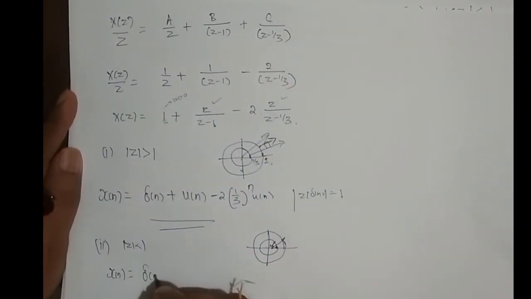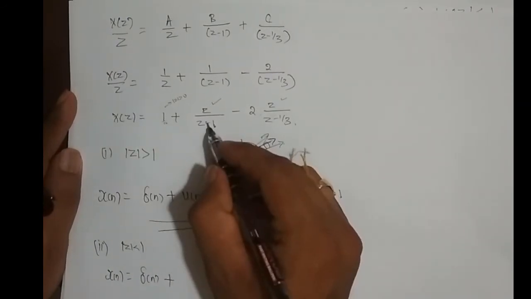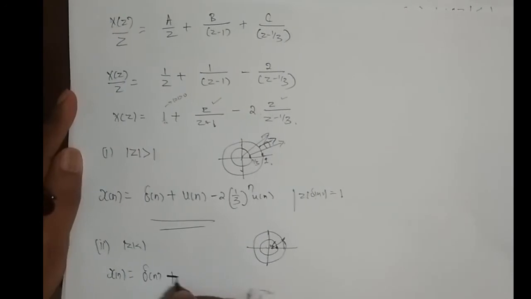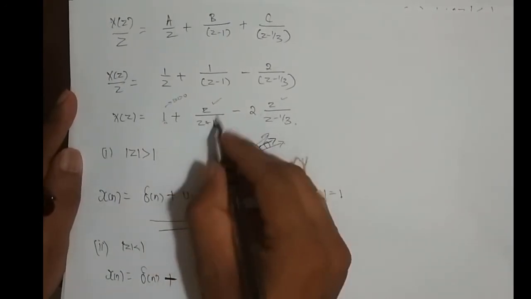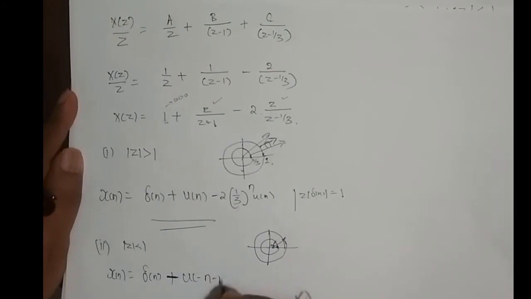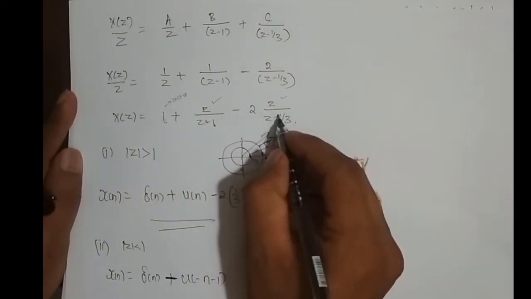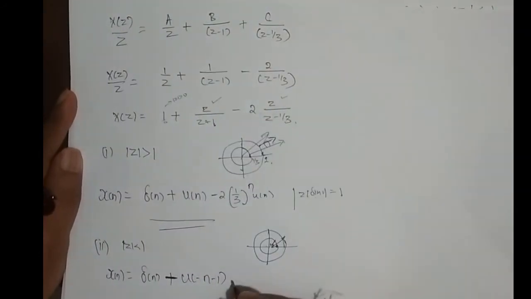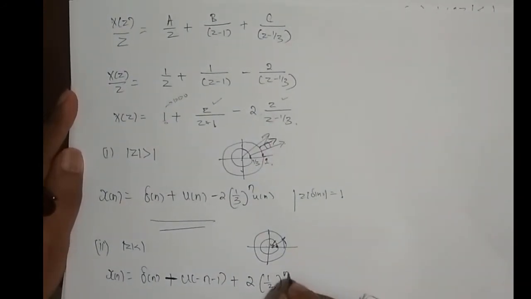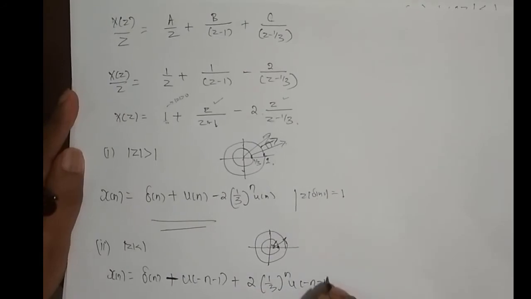So it will be delta of n plus, this should be a left sided sequence. Since this is a left sided sequence, I have to change the sign: minus, what is the inverse transform if it is a left sided sequence? It is u of minus n minus 1, and this is also a left sided sequence, so I have to make it plus 2 times (1/3) power n u of minus n minus 1.